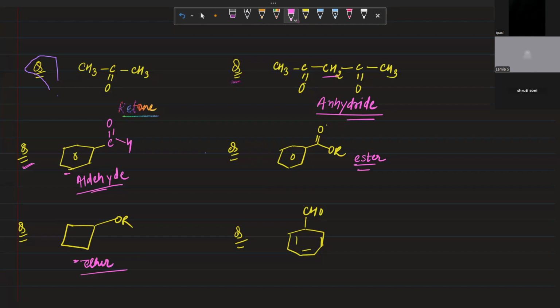But you know functional groups very well, so this is good. Now this one is C, CHO. I think this would also be an aldehyde, right? Yes, great.